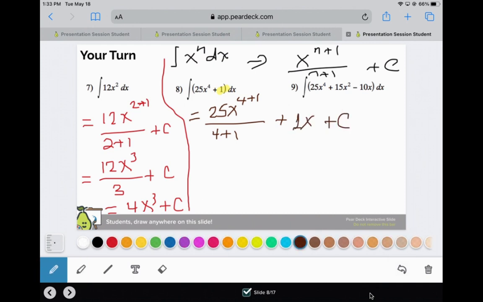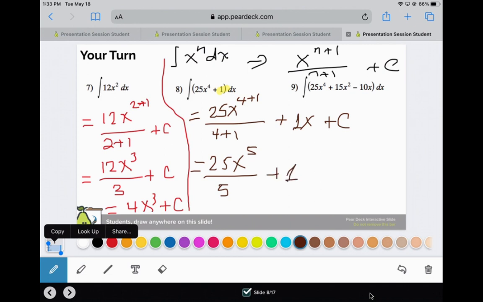Don't forget the plus C. Okay, so now we can simplify: 25 x to the fifth power over 5 plus 1x plus C. 25 divided by 5 gives you 5x to the fifth plus x plus C. So that's what we covered last class. It doesn't matter how many terms are given to you, you're going to do the same.